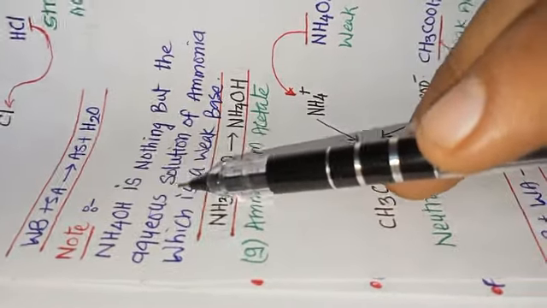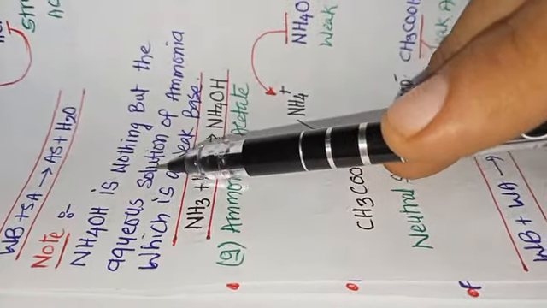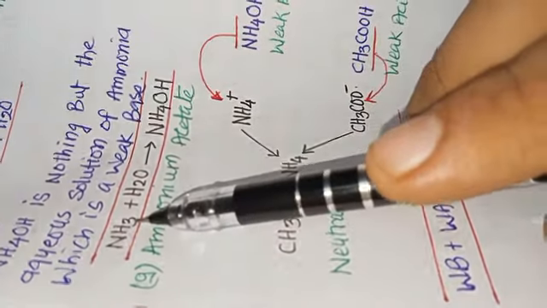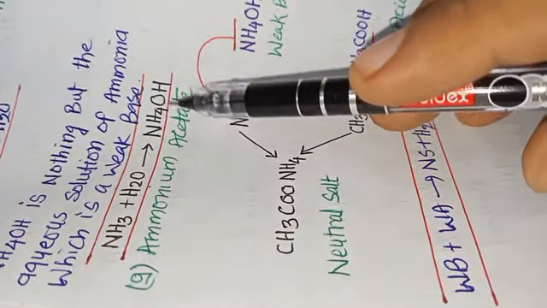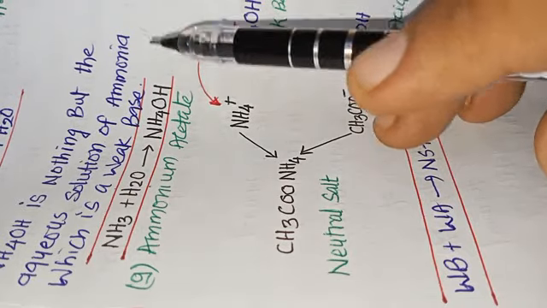And here we have an important note that NH4OH is nothing but the aqueous solution of ammonia, which is a weak base. When NH3 is dissolved in water, it produces NH4OH, which is sometimes known as liquor ammonia too.